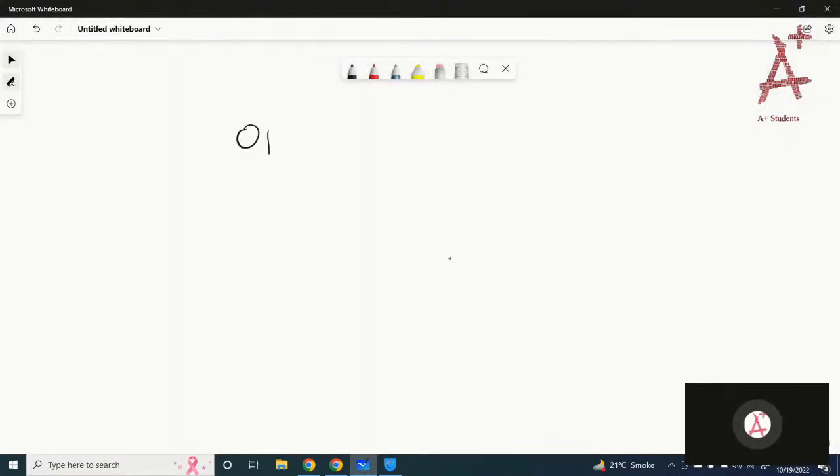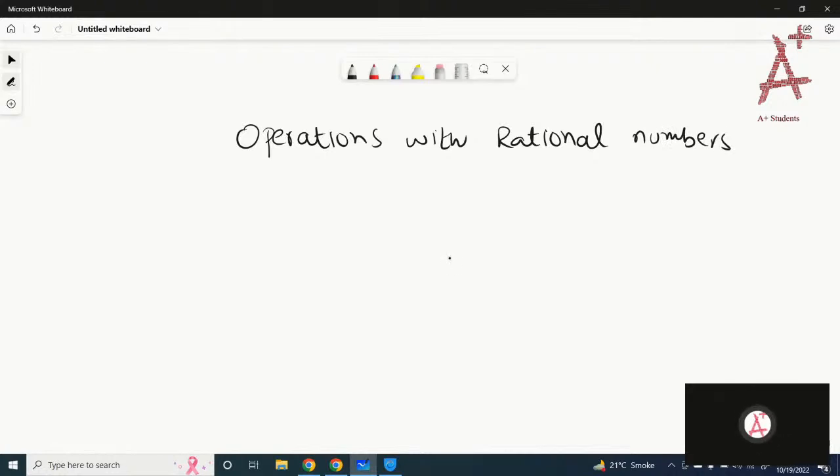So let's start with operations with rational numbers. And the topic is reciprocals and multiplicative inverse.